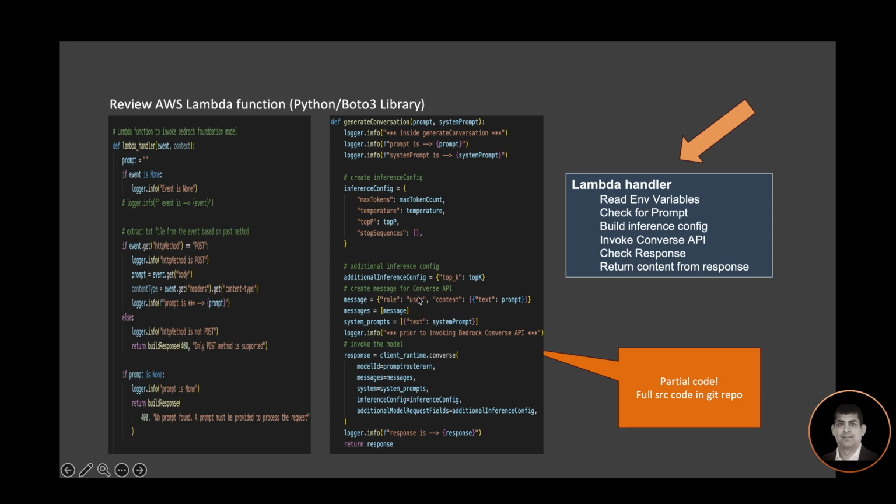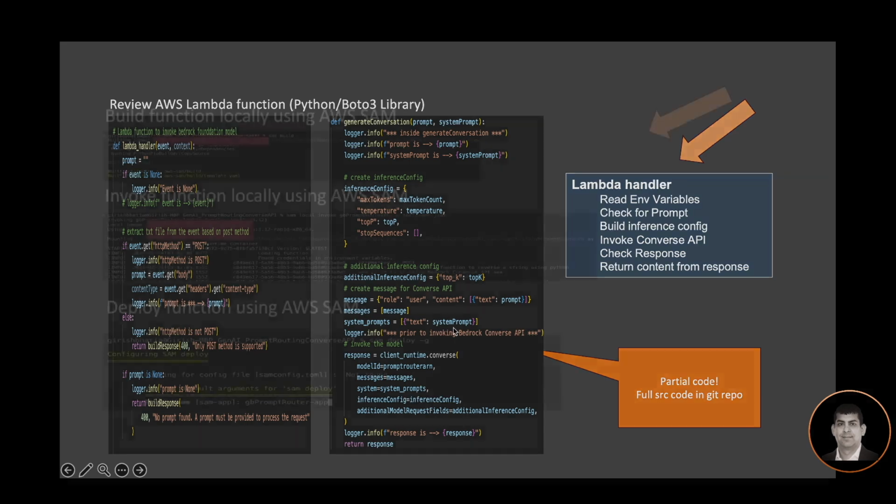So I'm using all that information to invoke the Bedrock, and Bedrock is using the prompt router ARN right here, and then it will internally pick the best model based on the complexity of the prompt.